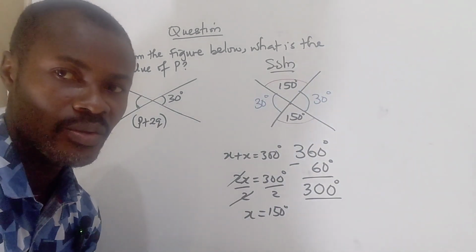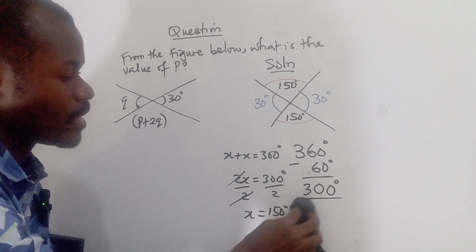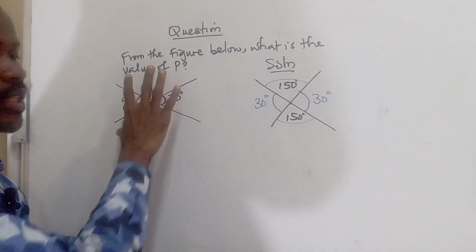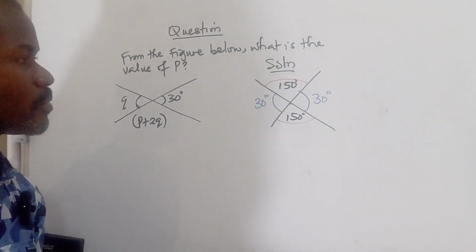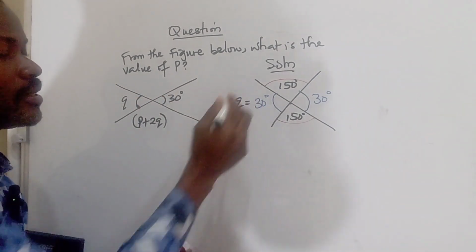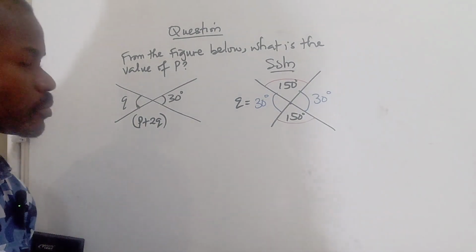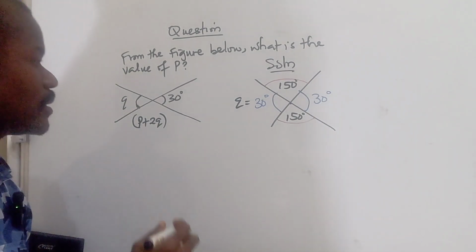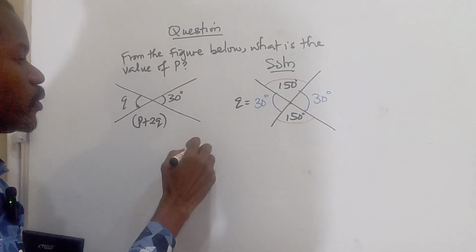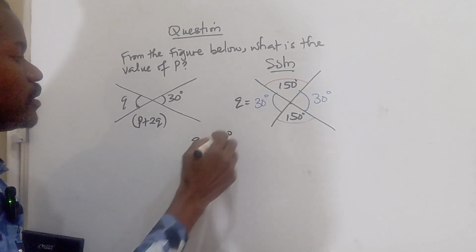All right, so it's as simple as that. Now, with this understanding, we can solve this problem. From this, automatically I know that my Q is already 30 degrees.